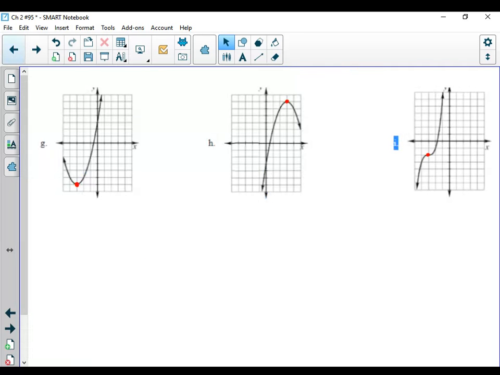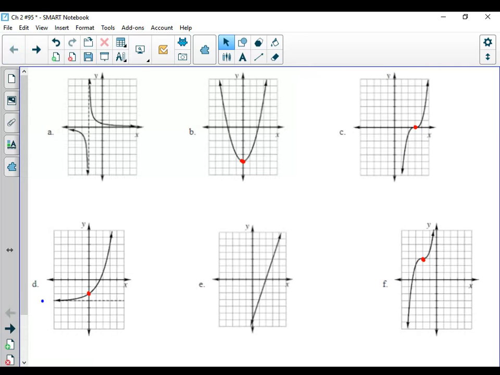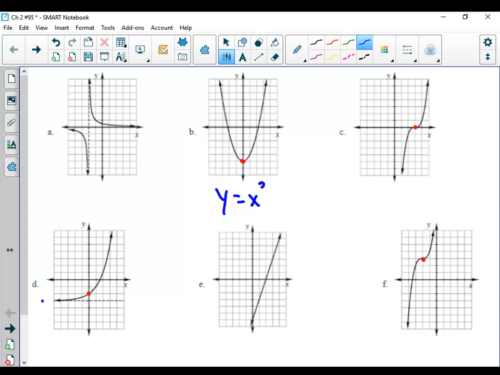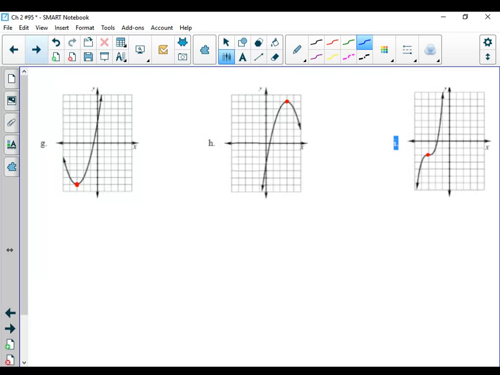First one, I got y equals 1 over x plus 2. Second one? Yeah, x squared minus 5. Yes. Minus 3. Yep. 2x minus 5 minus 2. I got y equals 2x minus 4.